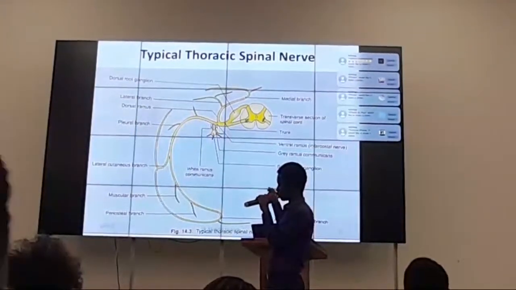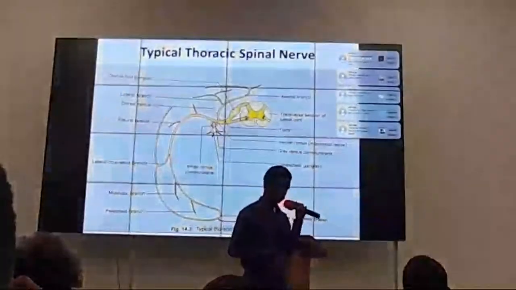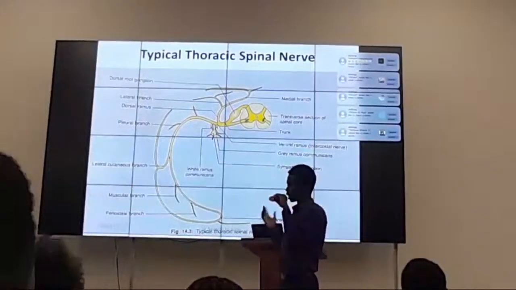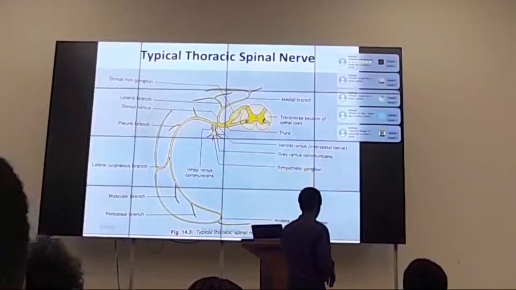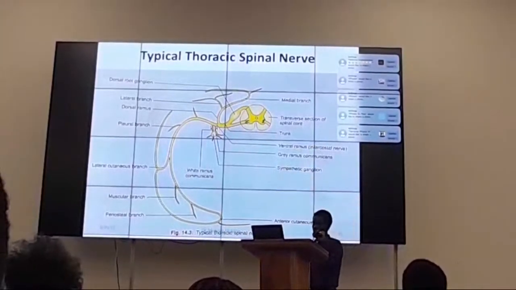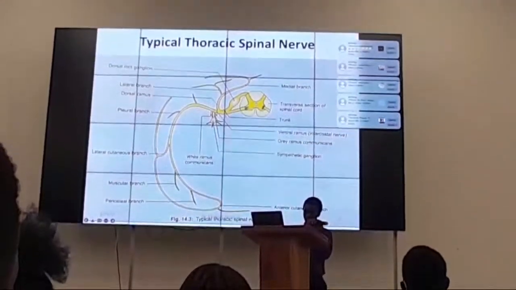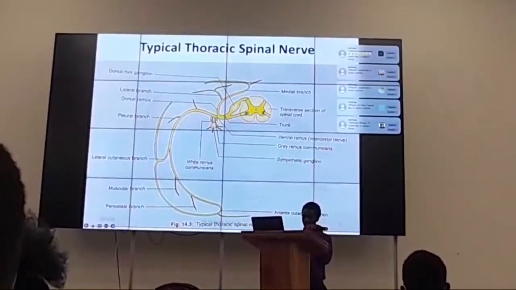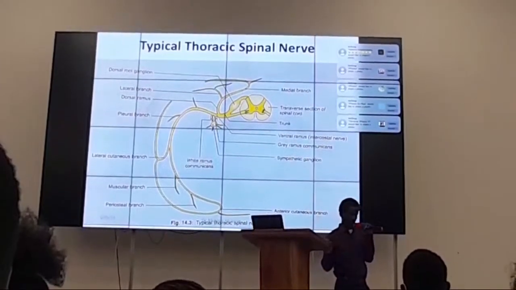The dorsal root you can also call the posterior root, and the ventral you can call the anterior root. These two roots join together to form a spinal nerve. Here at this junction, where it says trunk, that's basically the spinal nerve.